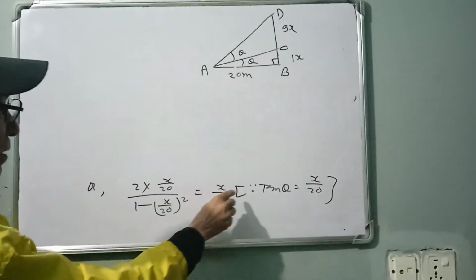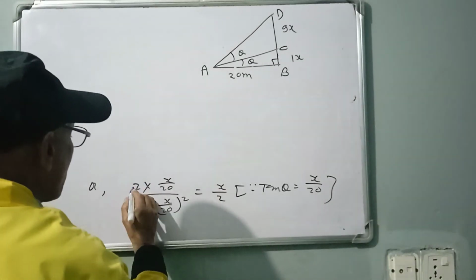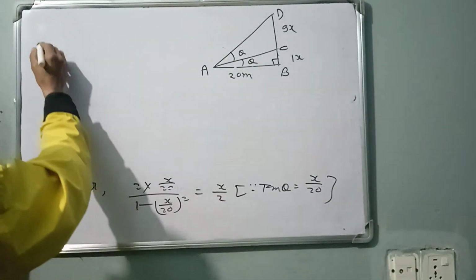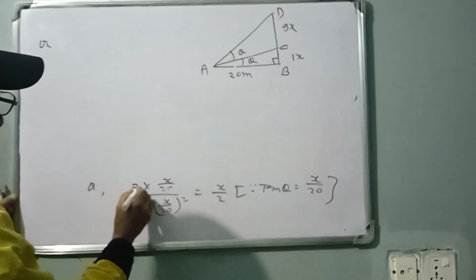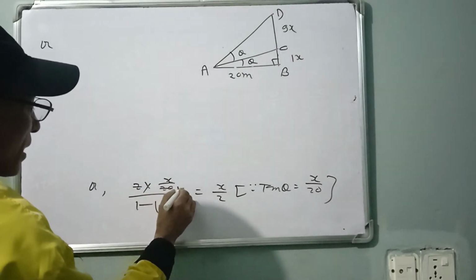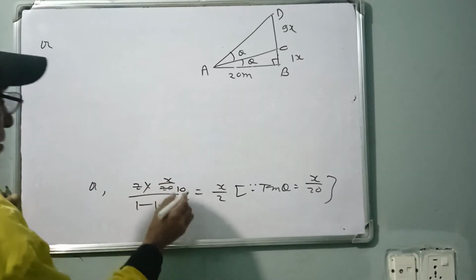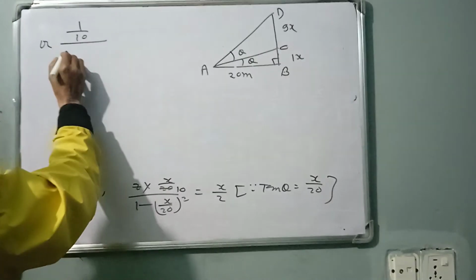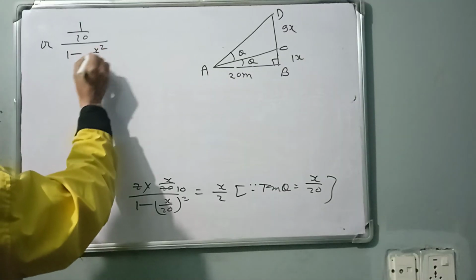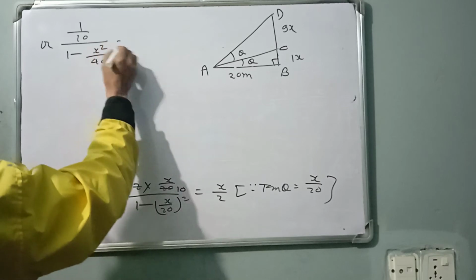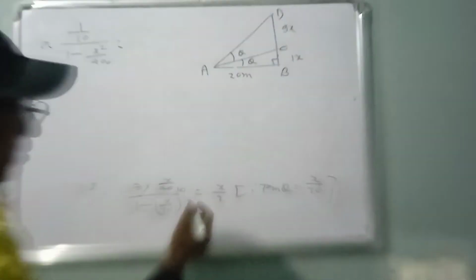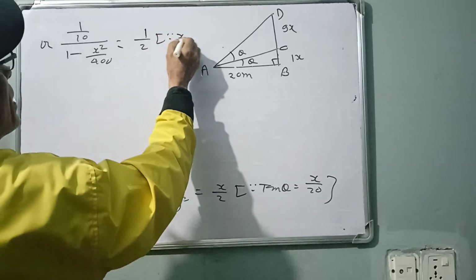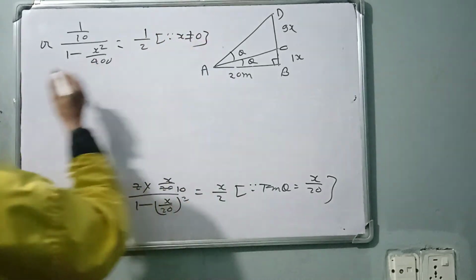Cancelling x and cancelling the 2, what you get is 1 by 10 upon 1 minus x square by 400 equal to 1 by 2.